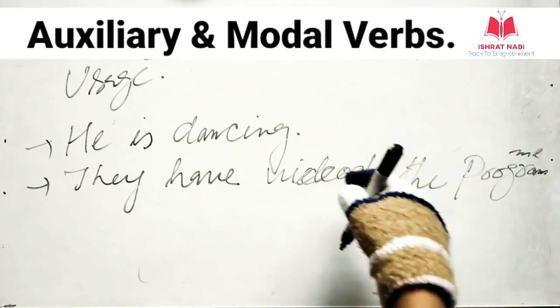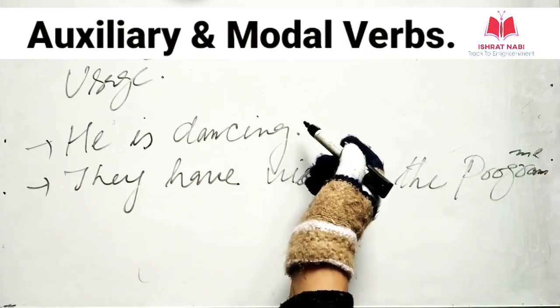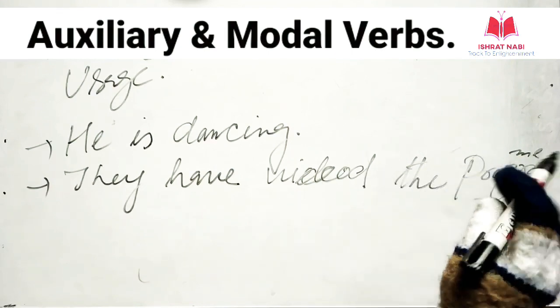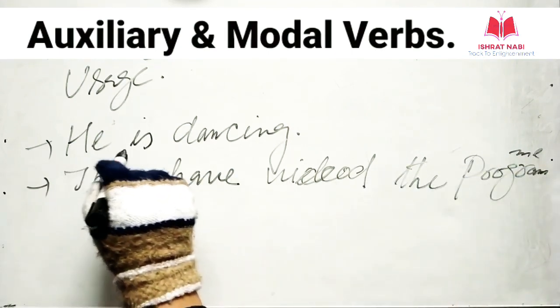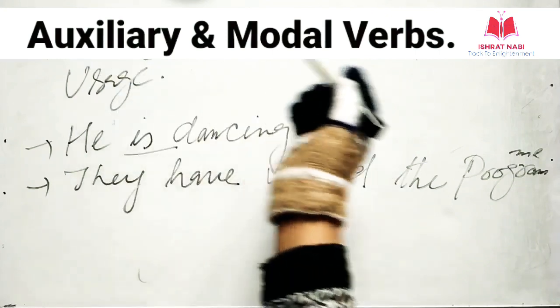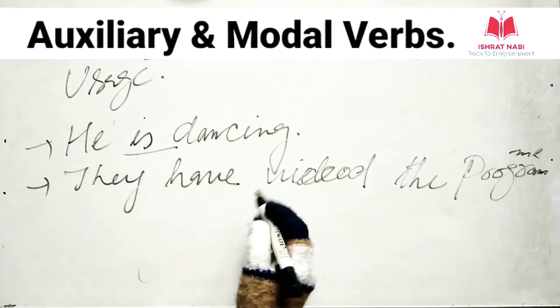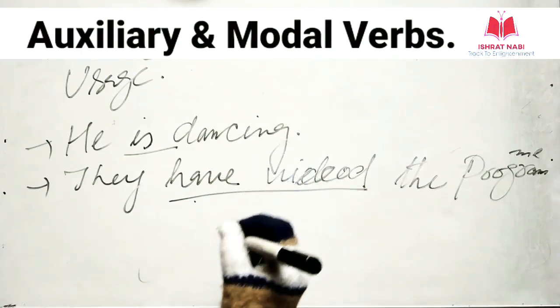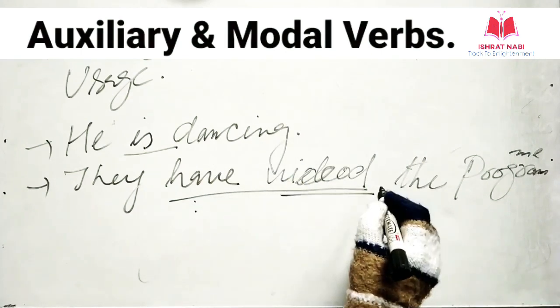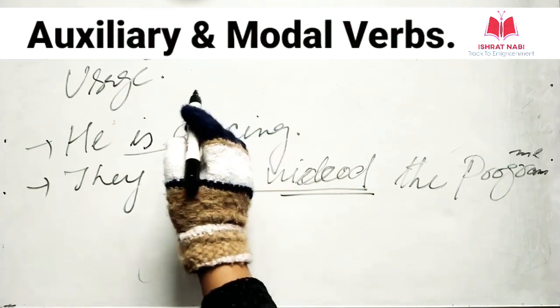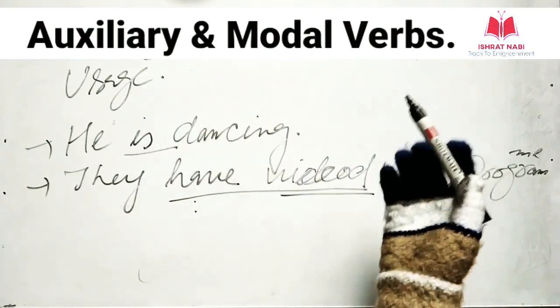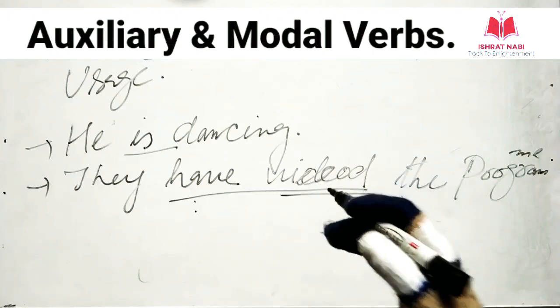The first one is present continuous tense and the second one is present perfect tense. In the first, is is the auxiliary verb. In they have videoed, the auxiliary verb is have and videoed is the main verb. So we can make use of these auxiliaries to make present continuous tense and present perfect tense.